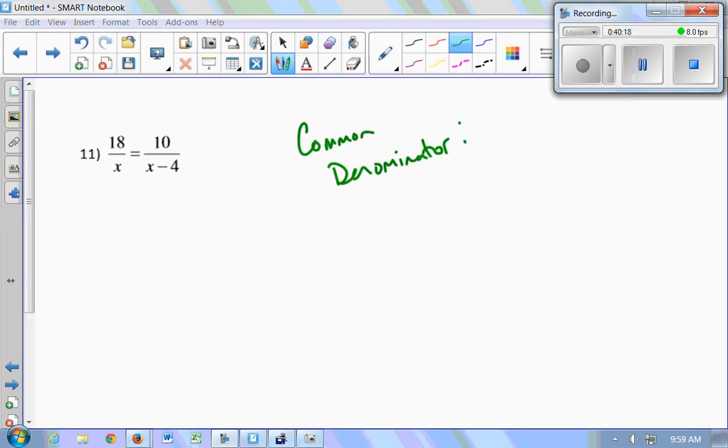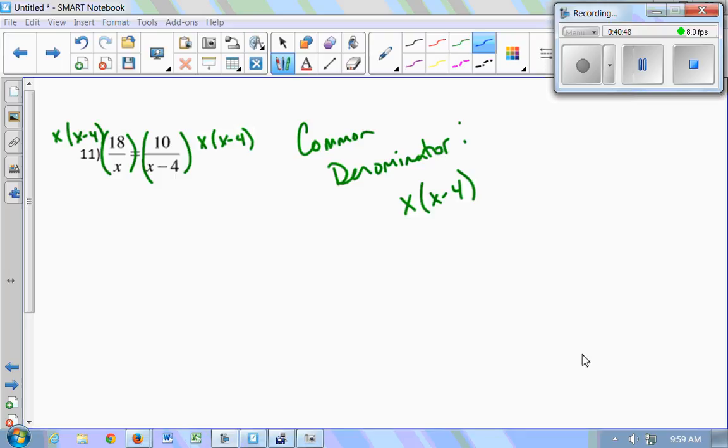So my common denominator in this case would be x times x minus 4. And then you multiply both sides of the equation by the common denominator. So I'm going to multiply this whole side by x times x minus 4, and this whole side by x times x minus 4.